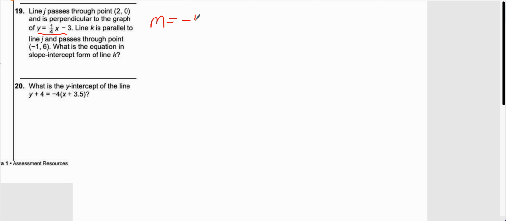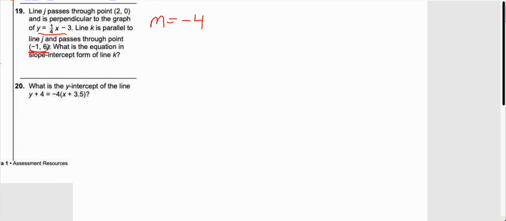I don't care what point J goes through. I just care that J is perpendicular to this, which means a -4 slope. And then K is parallel to J, so K will have the same slope as J, right? And now I know that K passes through this point, so I can put the equation in slope-intercept form using point-slope.